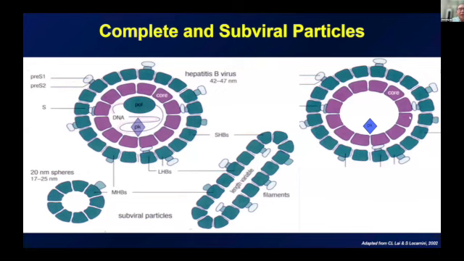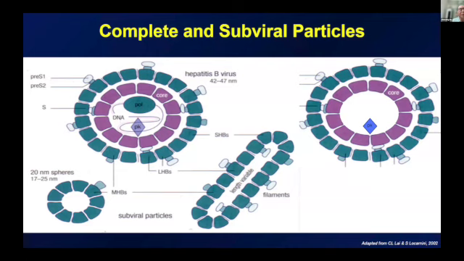So hepatitis B virus, of course, has been known for a long time. It has, interestingly, multiple types of particles. For virus, of course, it has an intact virion. That's what's depicted on the top right. It has an envelope with three viral envelope proteins.